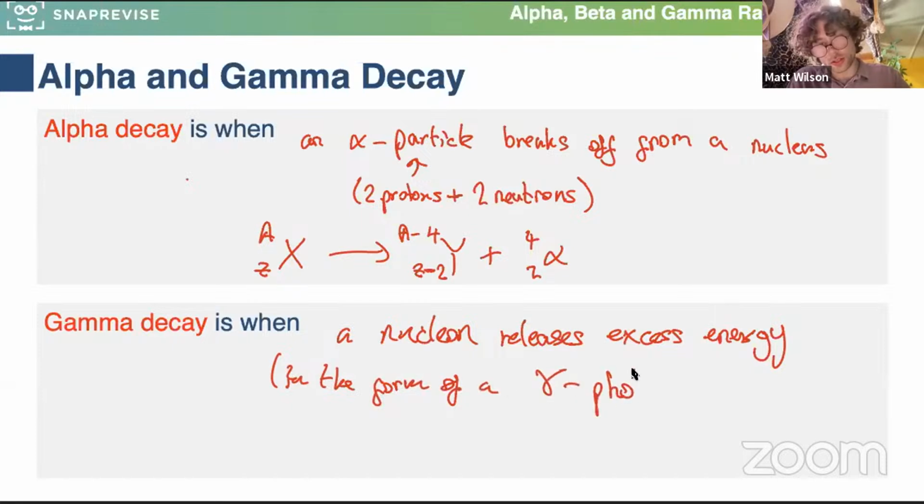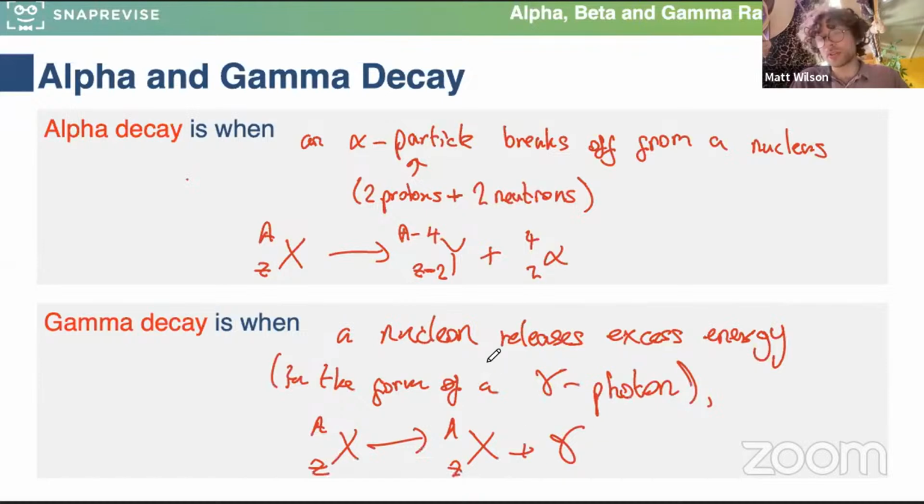So that there is the Greek symbol for gamma. And the equation here is rather simple. We start with some element X with a Z and an A. We have the same element again. We've just given off this thing that we call a gamma particle, which has no protons, no neutrons, no special numbers on it at all. It's just a release of energy in the form of a photon. Okay, good.